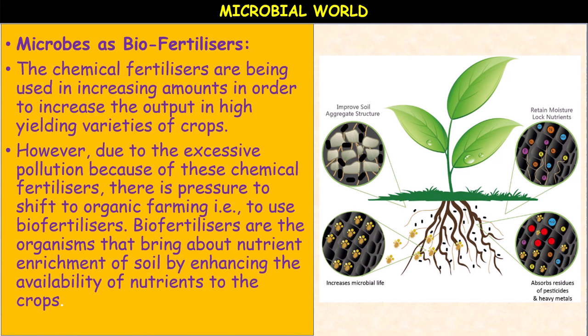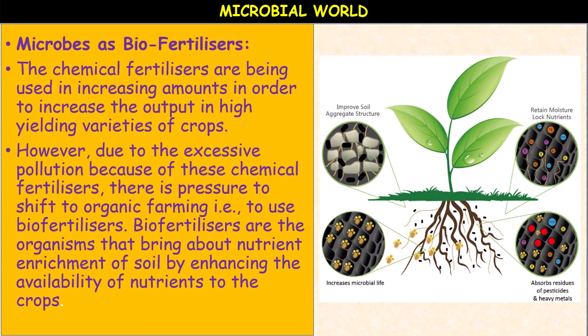Okay. So, to avoid these effects of these chemical fertilizers, not only that, even excess usage of these chemical fertilizers can also make the soil abandoned, unfit for agriculture. They increase the salinity of the soil, okay, and make the soil unfit for agriculture. Soil loses the fertility.